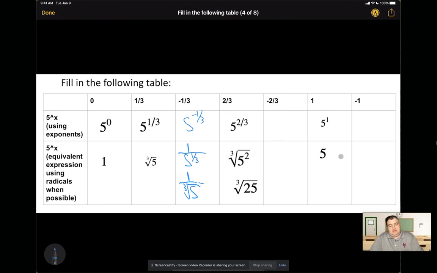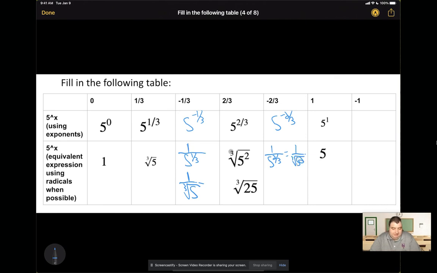So if I made that a -2/3, that same rule is going to apply here. So 5 to the power of -2/3 is going to be 1 over 5 to the power of +2/3. And we figured out that 5 to the power of 2/3 is the cube root of 5 squared.